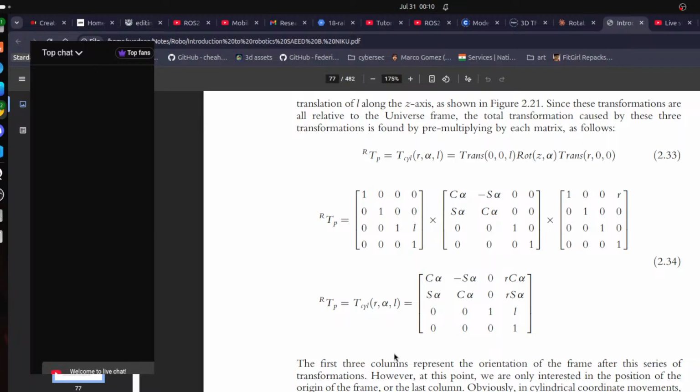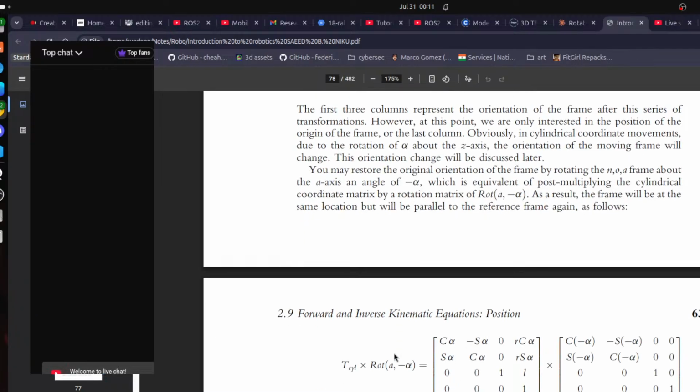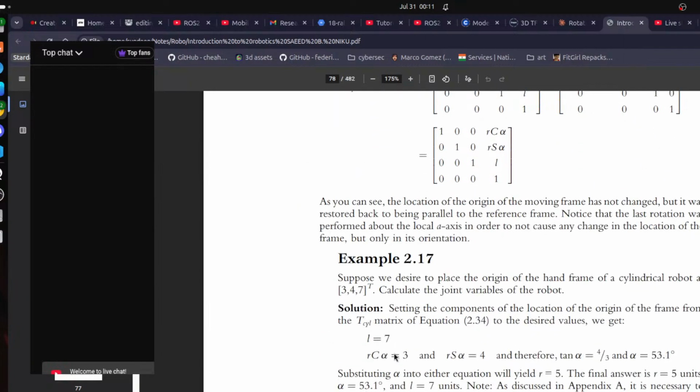Why? I just had to place the cylindrical robot at this position, so can't I just translate it?